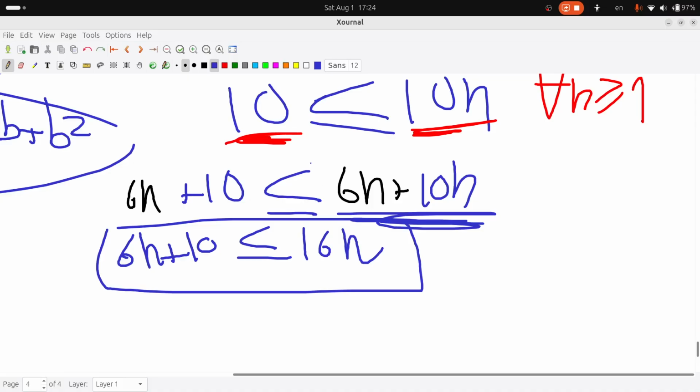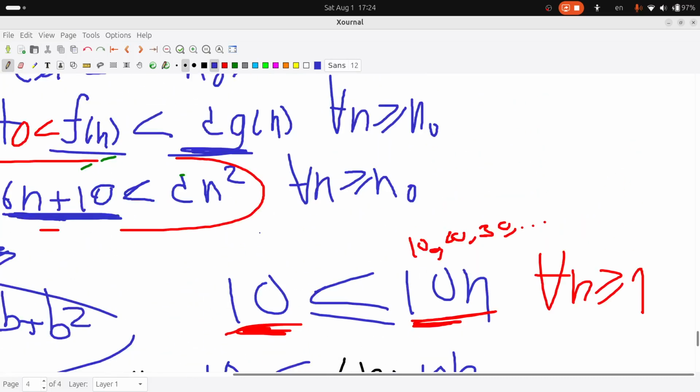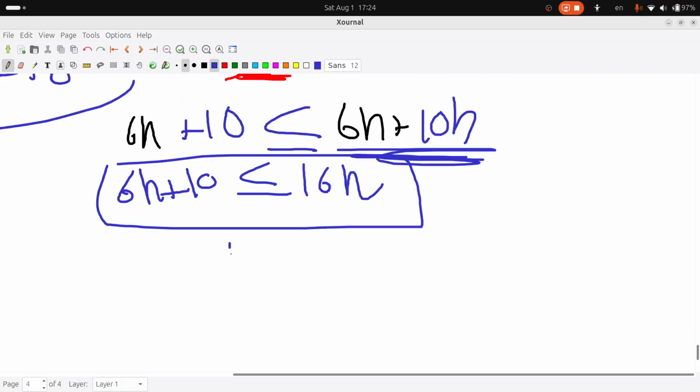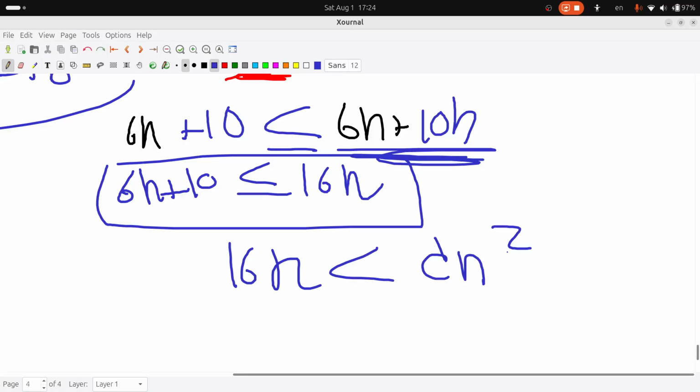And the next thing we have to prove is that this one is less than cn squared. We want to prove that 16n is less than cn squared.